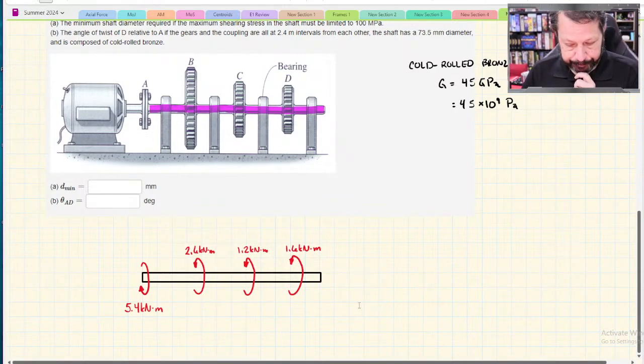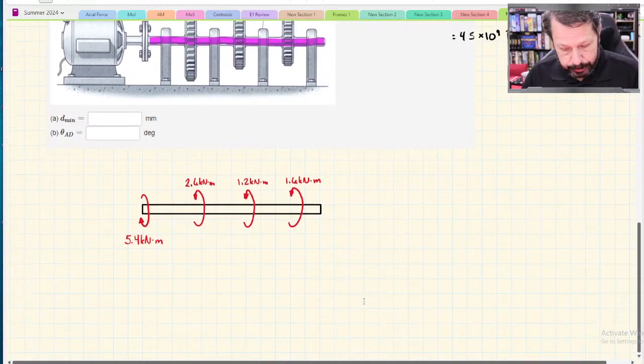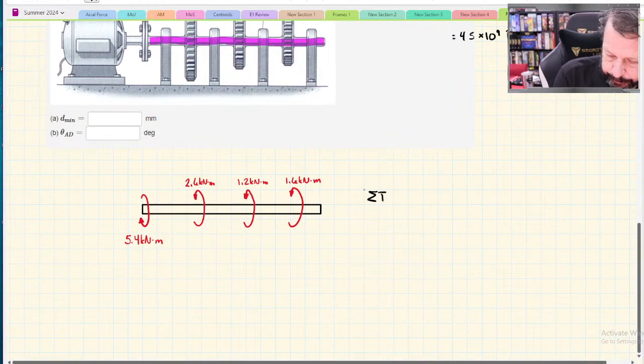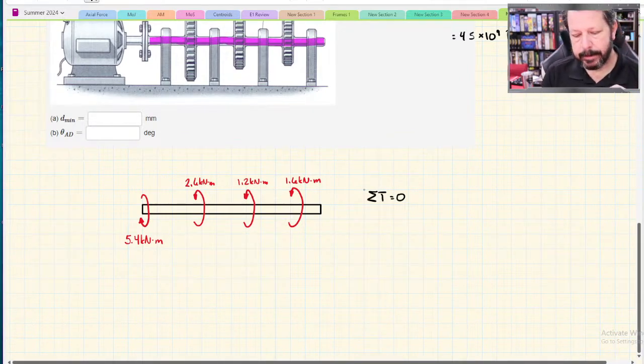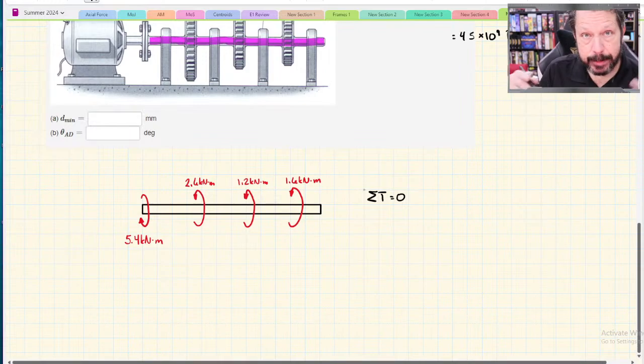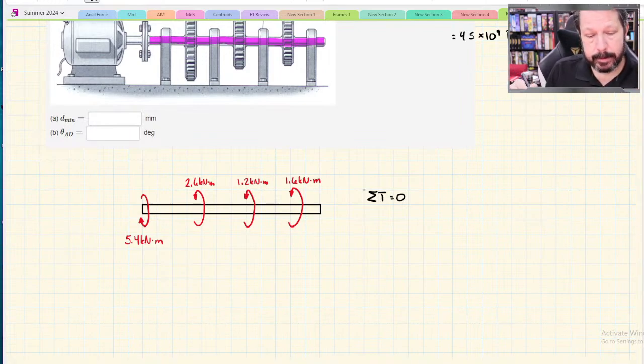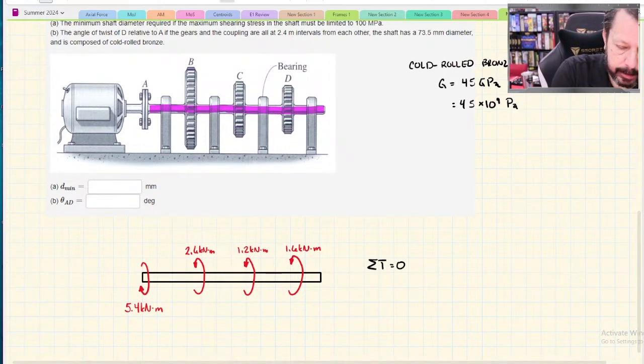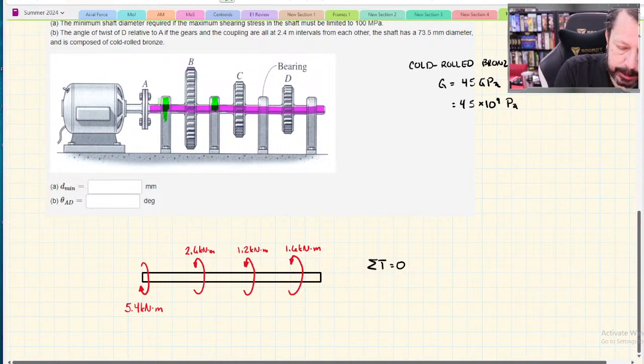All right, so this does add to 0. If I do the summation of torques here, they need to add to 0 because the shaft is spinning, right? But it's delivering all of its torque somewhere. What we are doing is ignoring this bearing and this bearing and this bearing and even that bearing.